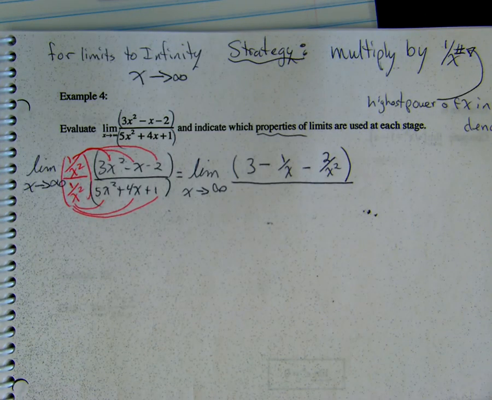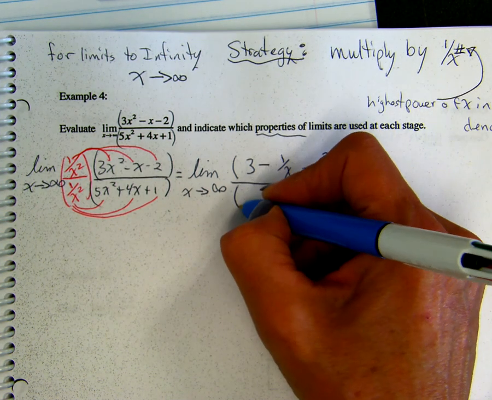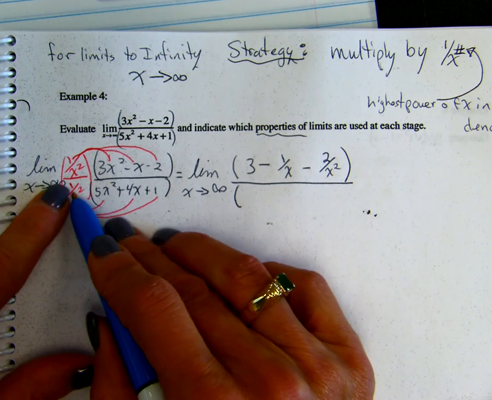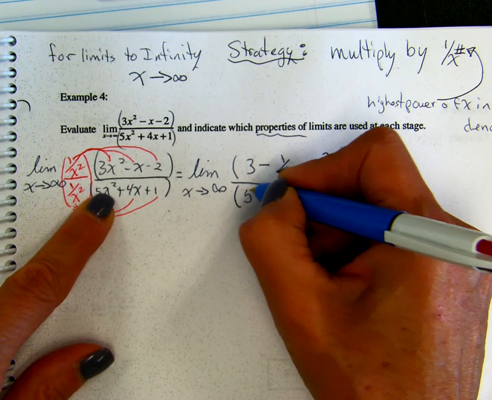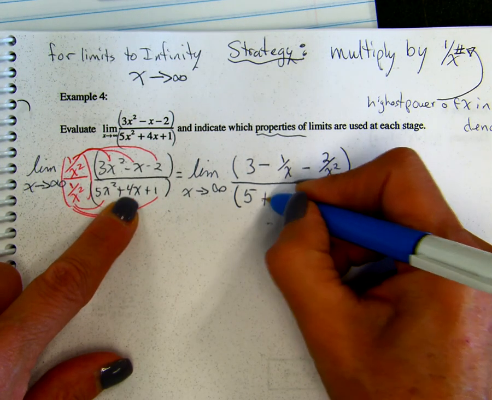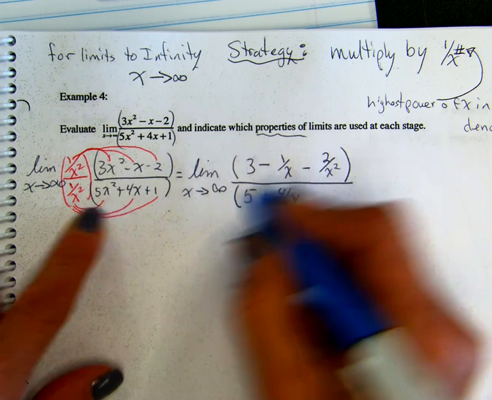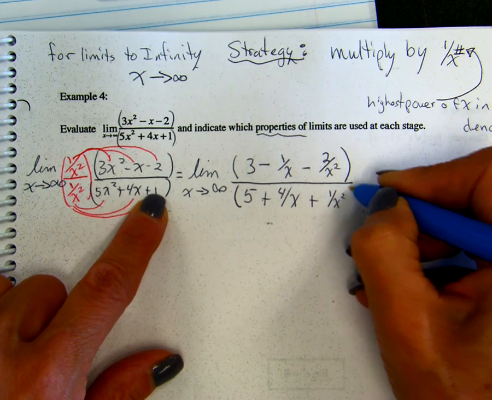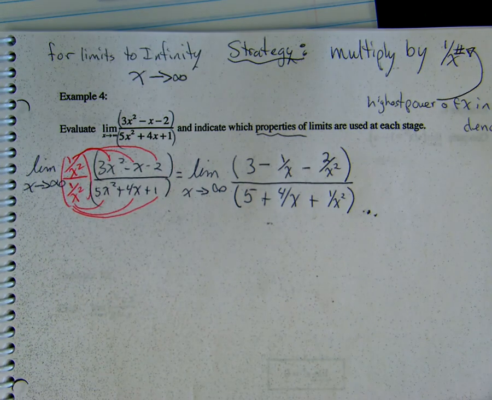All divided by the bottom. Tell me which. Okay, you're all getting 1 over x squared times 5x squared gives me 5. 1 over x squared times 4x gives me 4 divided by x. 1 over x squared times 1 gives me 1 over x squared.